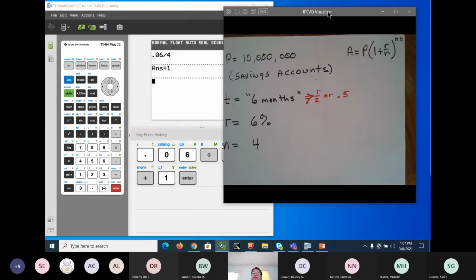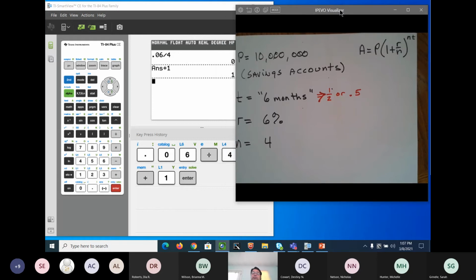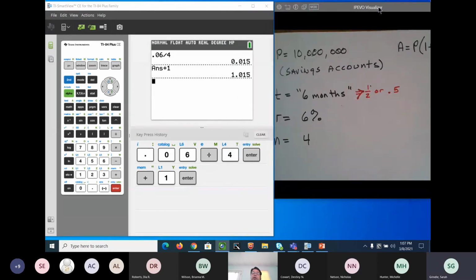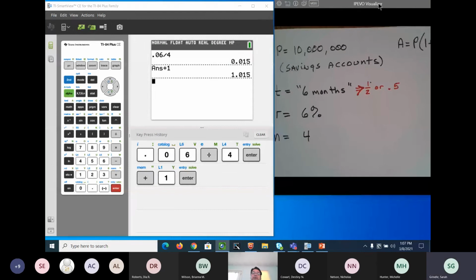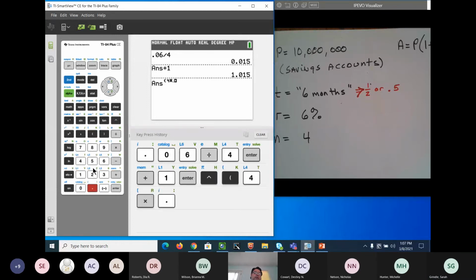Now, what's half of 4? 2. So you're going to raise that to the second power, or I'm going to raise it, parentheses, to the 4 times 0.5 power. And that's going to be 1.015 to the second power.